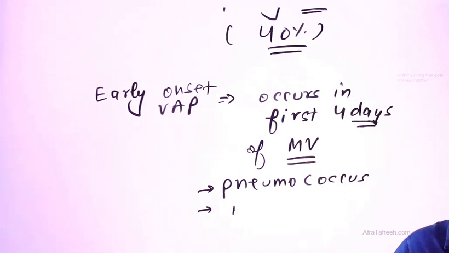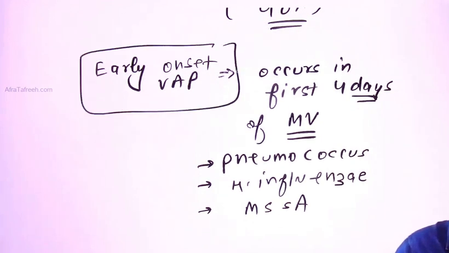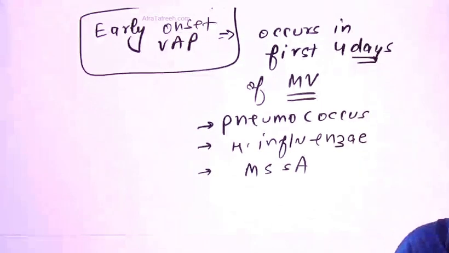Then you have Haemophilus influenzae in this early onset VAP, and even MSSA, that is methicillin sensitive Staph aureus. So this I am talking about what? Early onset VAP.